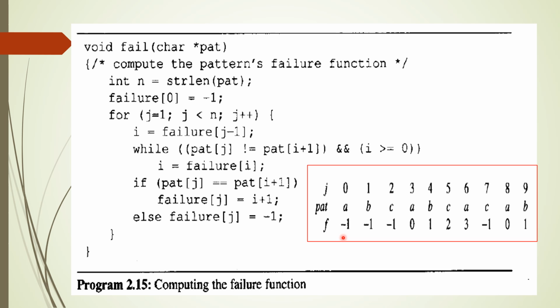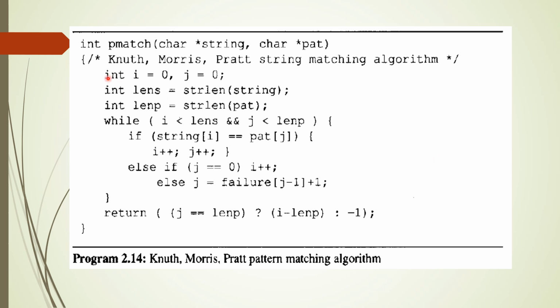In the first string matching algorithm, the brute force pattern matching algorithm, if a mismatch occurs, you shift the pattern only one position right against the text. That is not efficient, but here shifting of the pattern is decided by the failure function, so it will be more efficient than the brute force string matching algorithm.